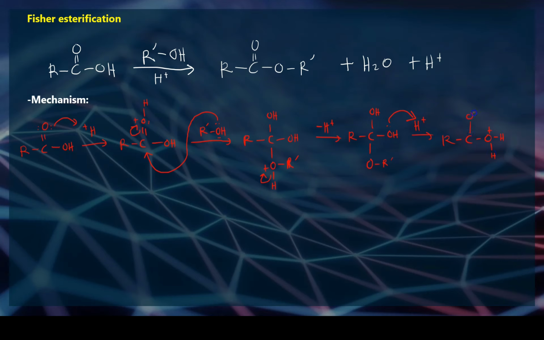Last step, the bond between carbon and oxygen is broken and moves to the oxygen as water will move off from the compound. At the same time, the bond between oxygen and hydrogen, which is from the other hydroxyl group, is broken and reforms the pi bond between carbon and oxygen. It will form another hydrogen ion. That's all. This will be your exercise.